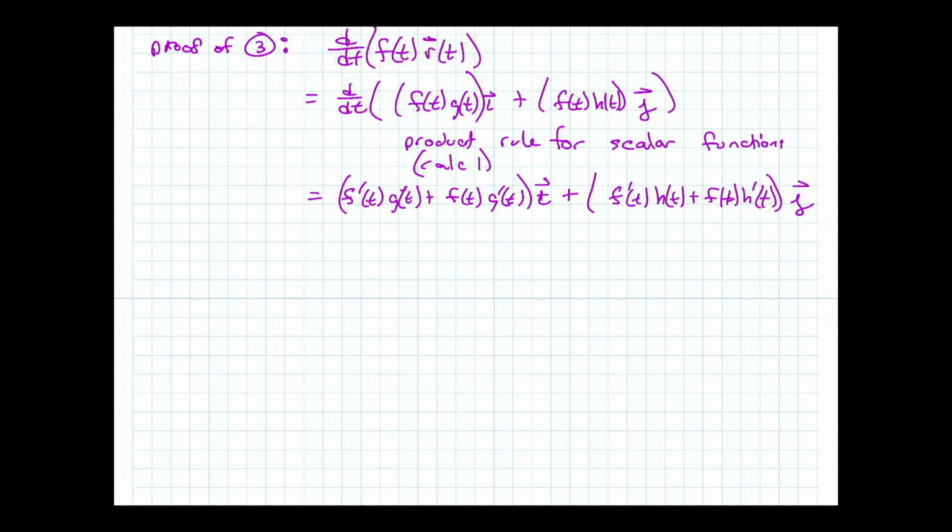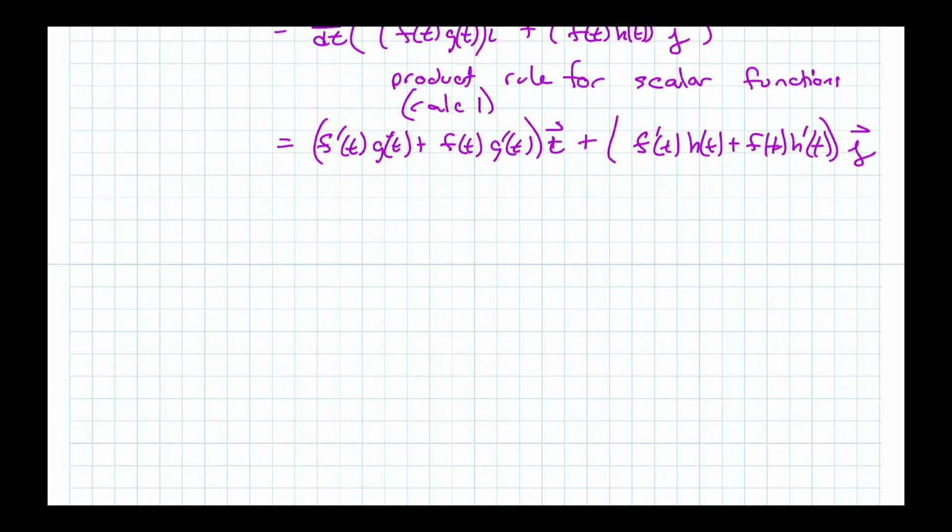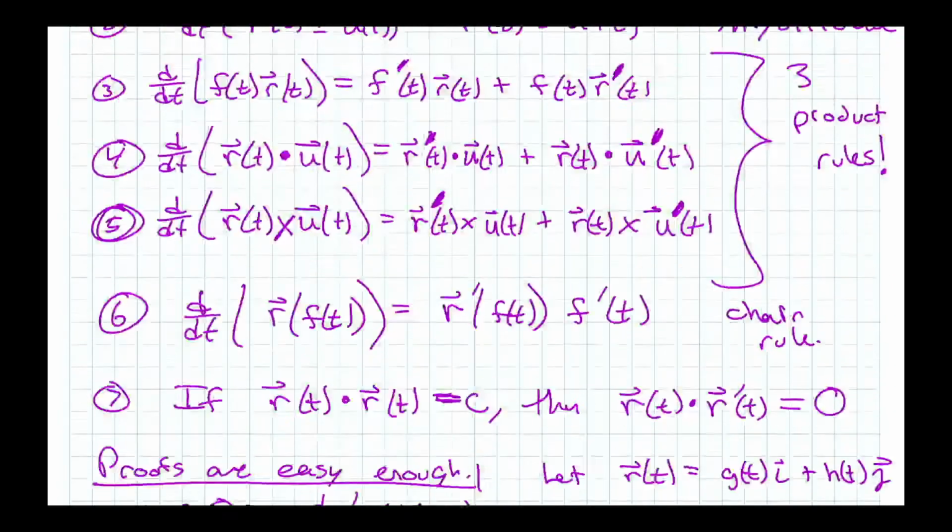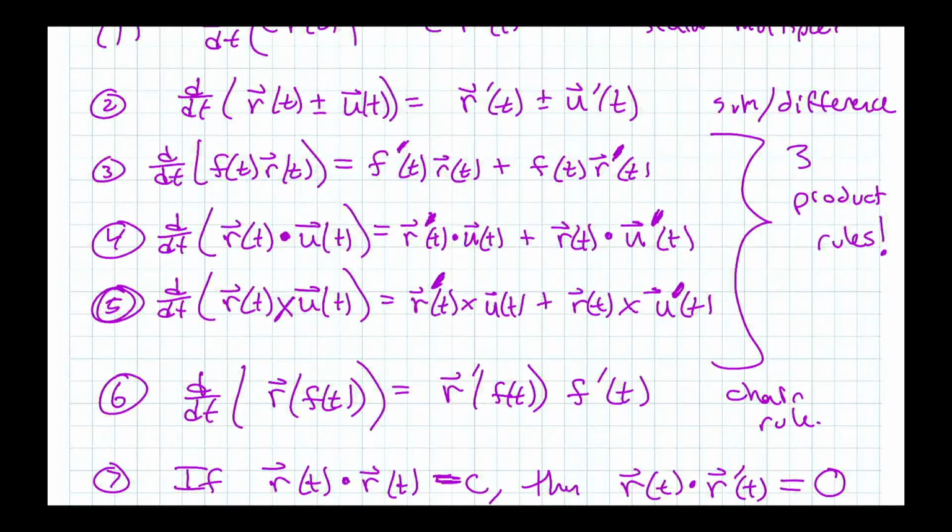Then what you can do is, well, what are we trying to get to actually? We're doing 3. So we're trying to make it look like this: f times r, and then f prime r, f r prime. Okay, so we want to collect the f primes first.